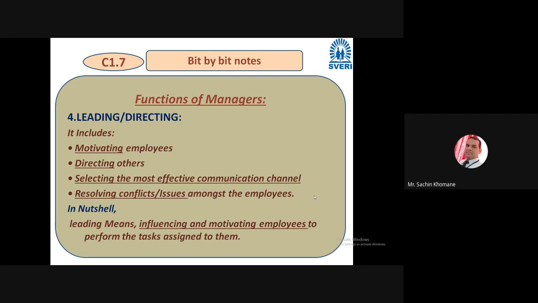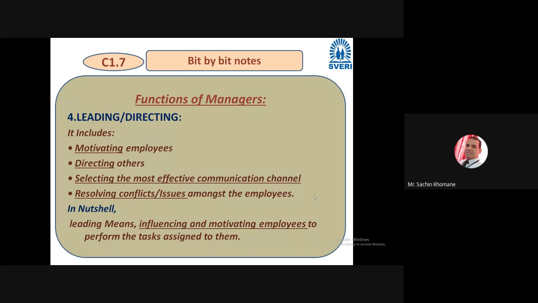Then directing others. After motivating, another function of this manager is directing the others. Others means employees from his team. Directing, giving direction: use this technology, use this tool, use this machinery, right? So that kind of direction is expected.